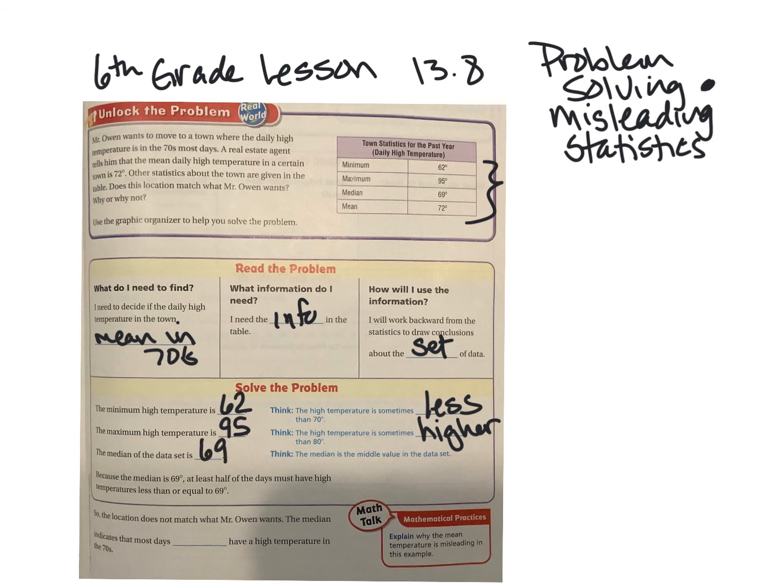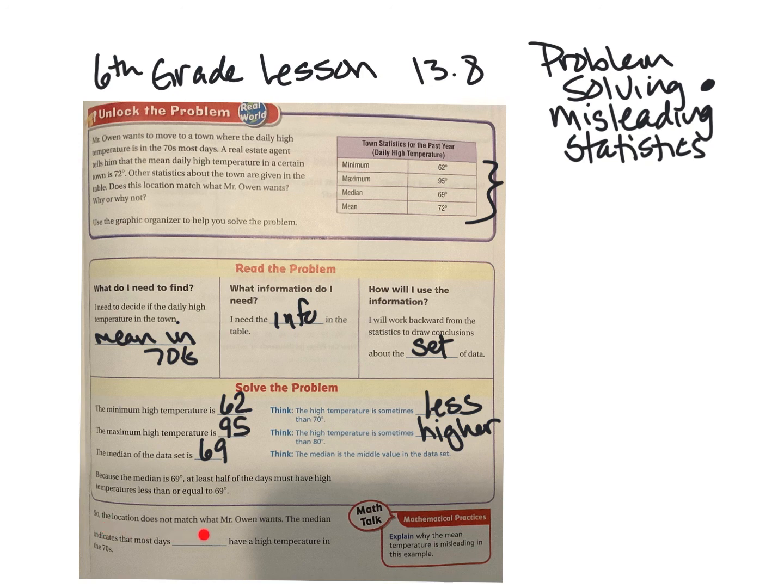What that really means is that's the middle value of the data set. So half of the data is below that and half the data is above it. If half the data is below that, then those are lower temperatures than 69. He wanted a place where it's between 70 and 80 degrees. Because the median is 69 degrees, at least half of the data must have high temperatures less than or equal to 69 degrees.